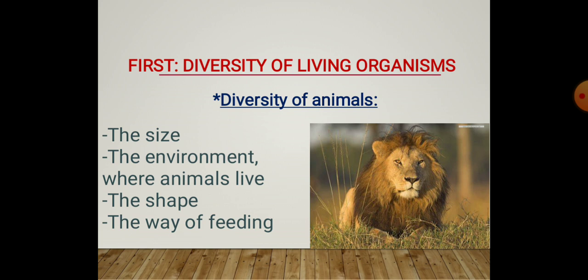When you pay a visit to Giza, you may observe the variety among animals and a lot of different characteristics such as the size, the environment where animals live, the shape, and finally the way of feeding.